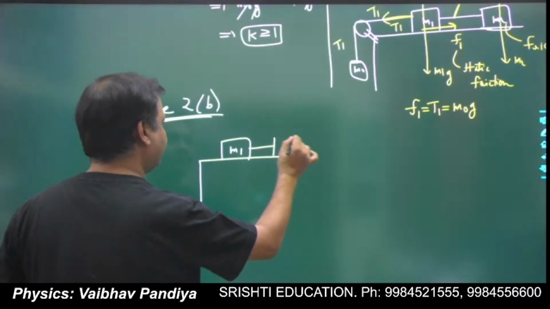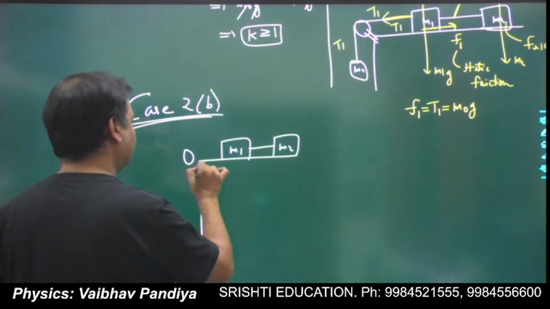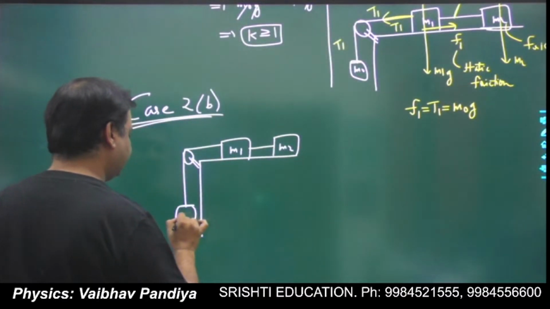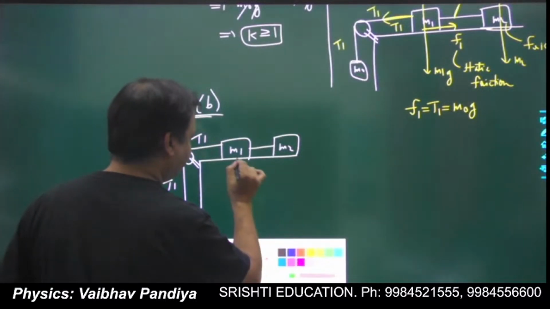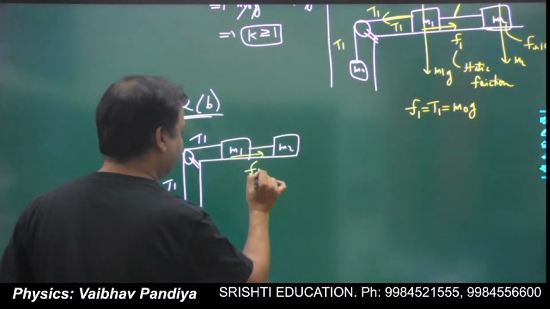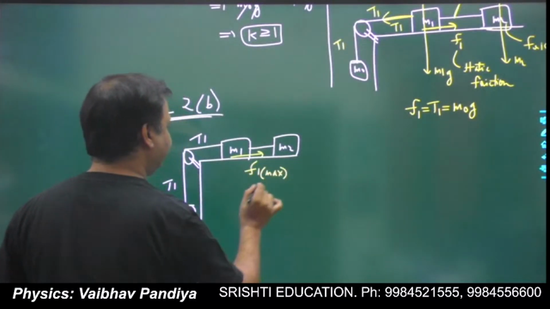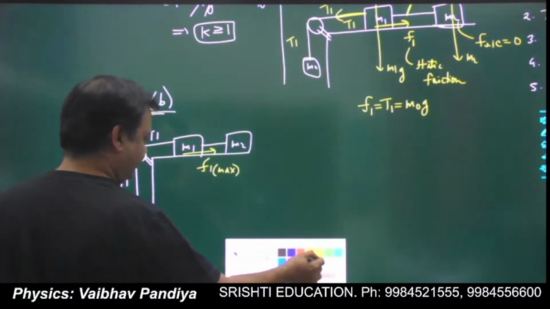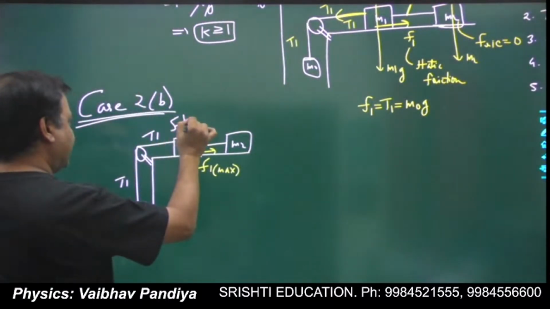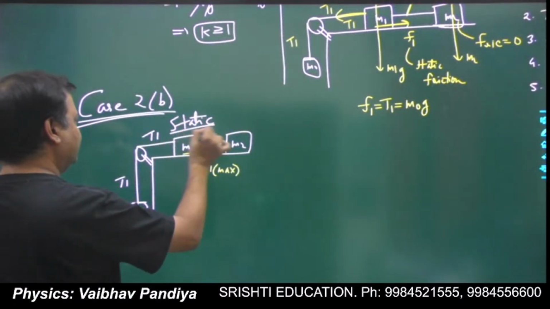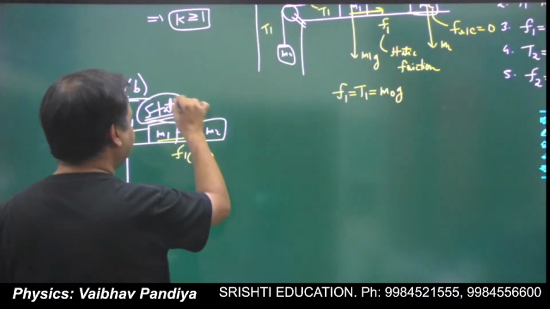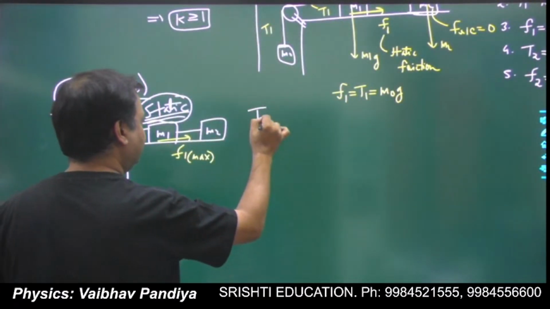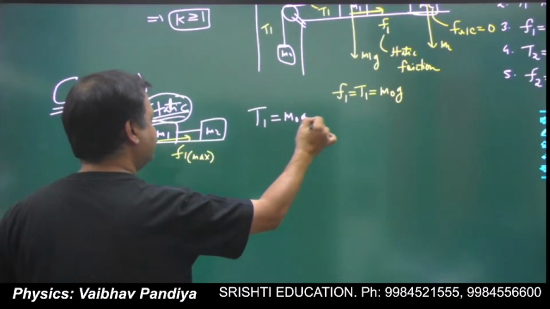Now of course we will assume that this T1 exceeds the value of F1 max, and because everything is again static, that is the main case 2, it is simply a subset of case 2. So everything is static, so T1 in the static condition came to be M0G.